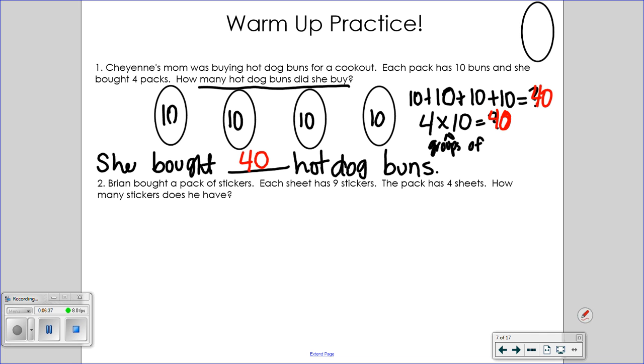The answer should be bigger than either of your factors, which are these parts. Did we do that? Is our answer bigger than our factors? So can we say that this answer is reasonable? Yes. What would be a not reasonable answer? Susie?